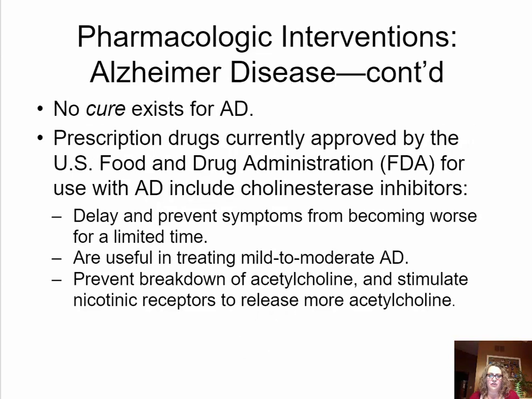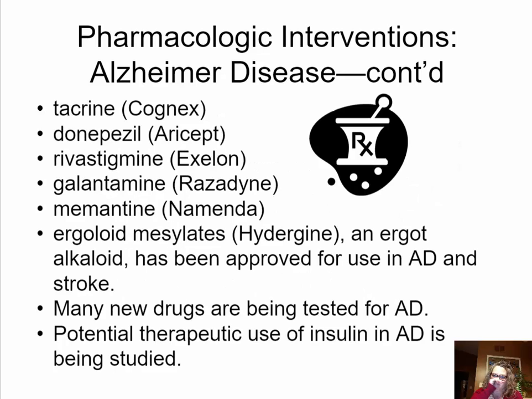There again, there's no cure for Alzheimer's disease. These drugs are intended to delay and prevent symptoms from becoming worse for a limited time. They're useful for mild to moderate Alzheimer's disease. Once the patient has progressed to severe Alzheimer's disease, they really don't do much for the patient. Their mechanism of action is they prevent breakdown of acetylcholine and stimulate the nicotinic receptors to release more acetylcholine.